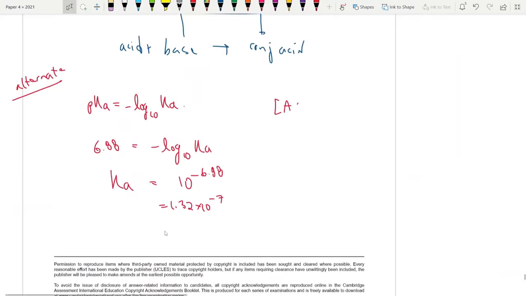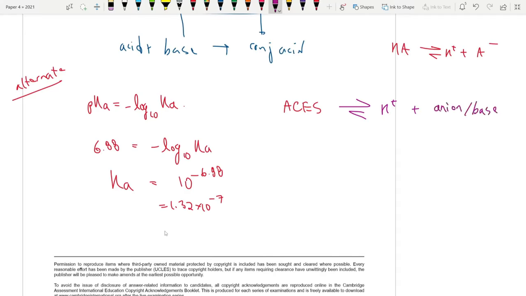Any acid breaks down to form H plus and A minus, an anion and H plus. So aces, the weak acid, also breaks down to form some H plus as well as the anion, or the base, the one that we have.